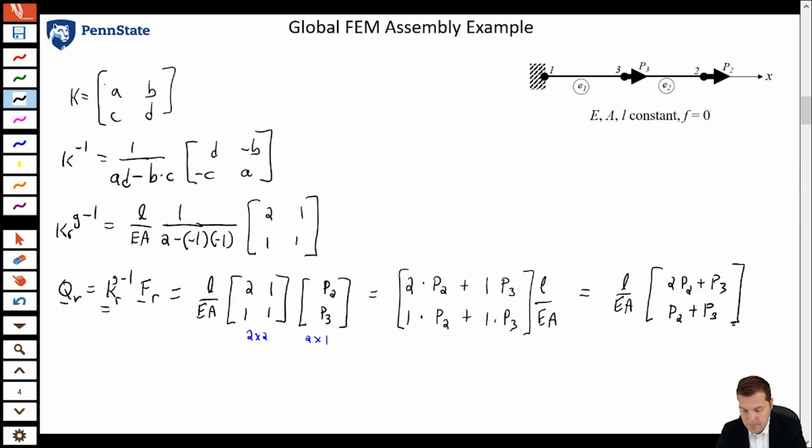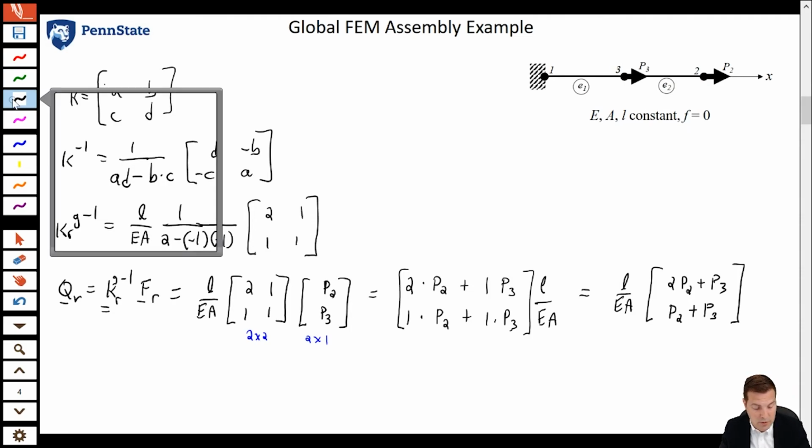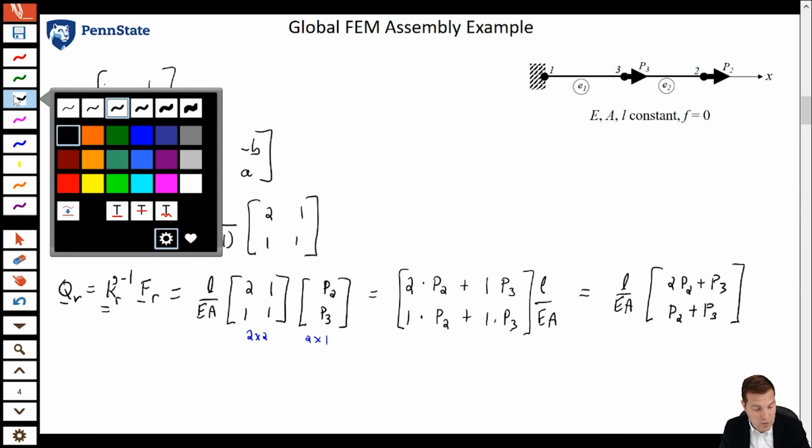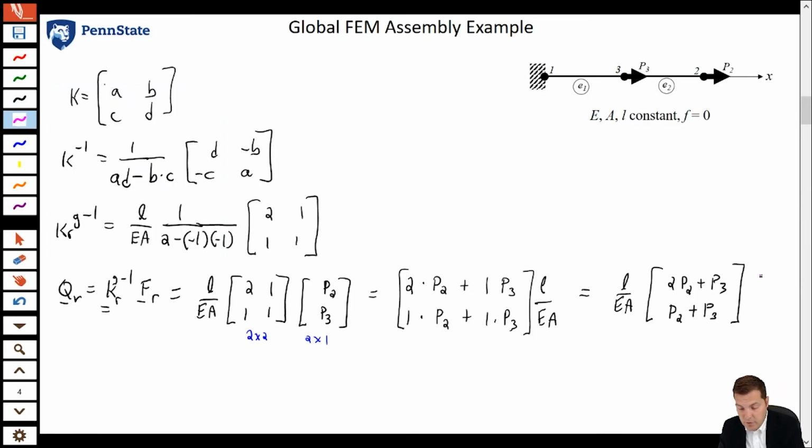All right, now remember that this is Q_R, and globally these are nodes 2 and 3, if you remember.